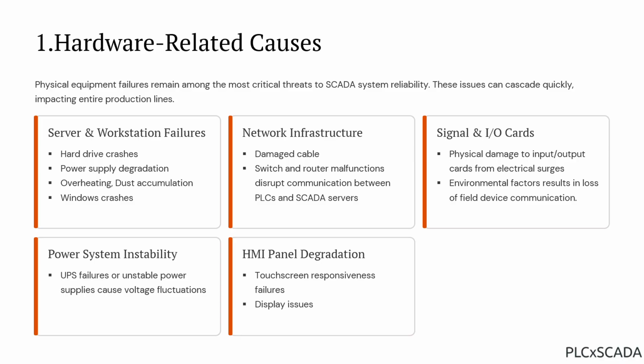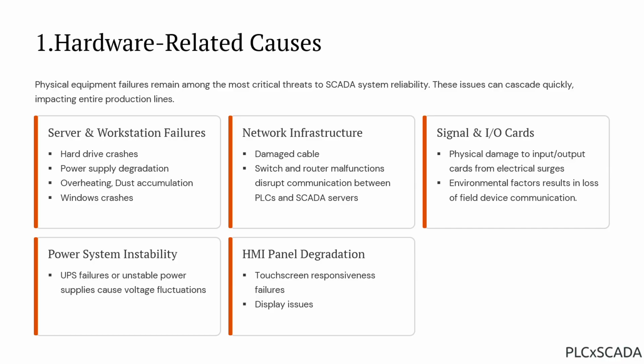So first one, hardware related issues. When SCADA runs on a PC, any hardware or operating system problem can cause downtime. Common root causes include hard disk failure, power fluctuations, overheating, RAM issues causing the system to hang, Windows crashes, or any forced update.